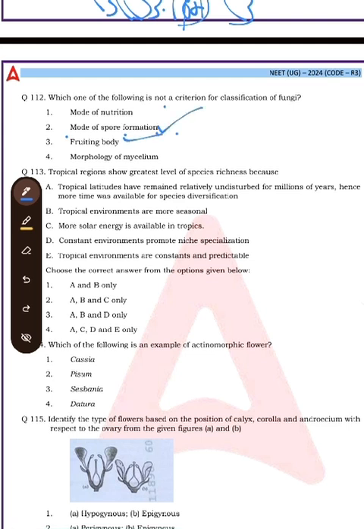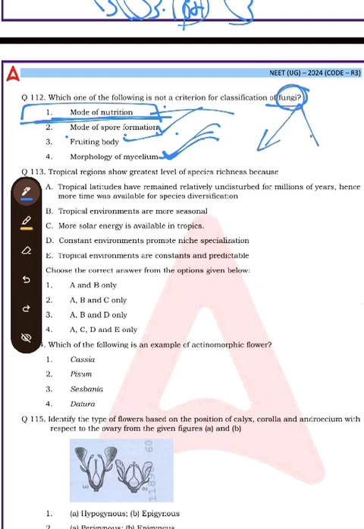How the spores are formed, how they reproduce, and also the morphology of mycelium. Yes, it depends on mycelium. And the classification is not on the mode of nutrition, because the mode of nutrition the fungi has is also the same for others. So particularly, the mode of nutrition is not a criterion given for fungi. Only these are clearly considered.